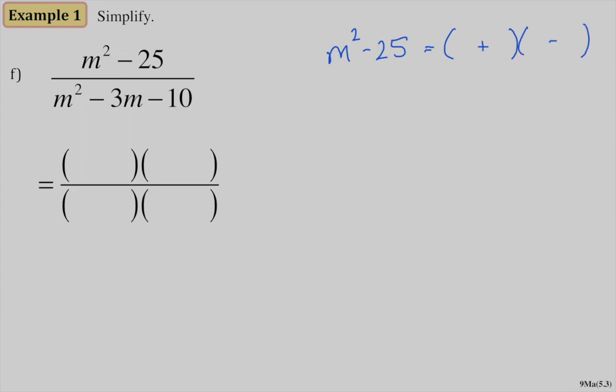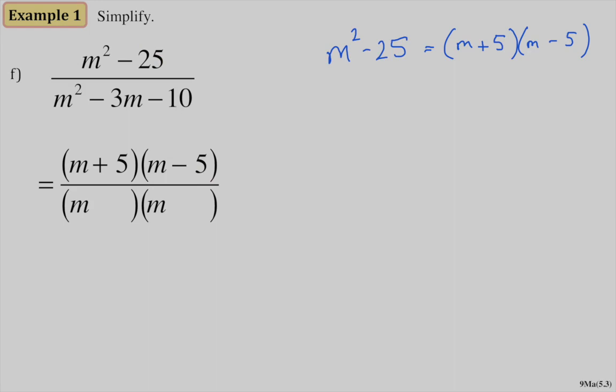Each bracket begins with an m. Each bracket, 5 times 5 is 25. There's my factorised version of m squared take 25. So that is what I'm going to put on the top. There's my m plus 5, there's my m take 5 from factorising m squared take 25.